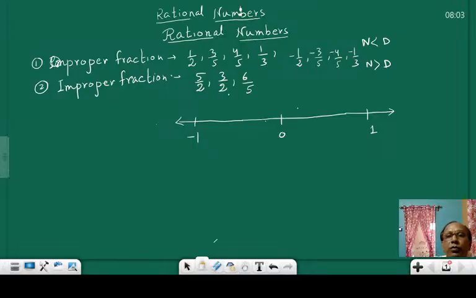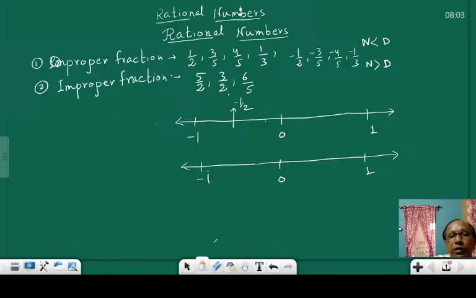For minus 1 by 2, you have to divide this into 2 equal parts, 1, 2. This is minus 1 by 2, because this is negative. Minus 3 by 5, right. In the same way we draw this number line, that is 0, 1 and minus 1.